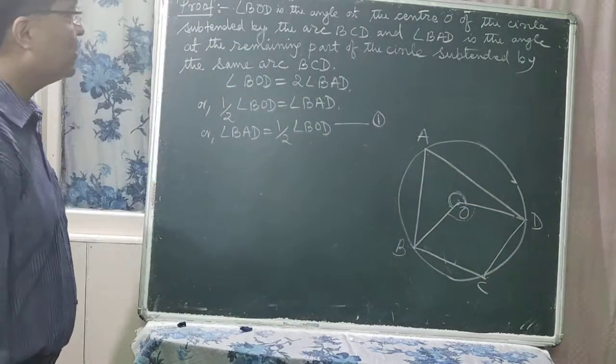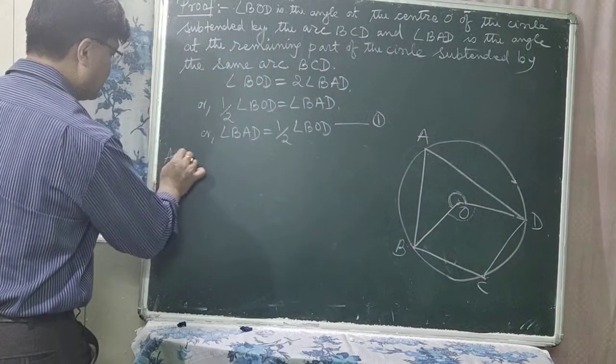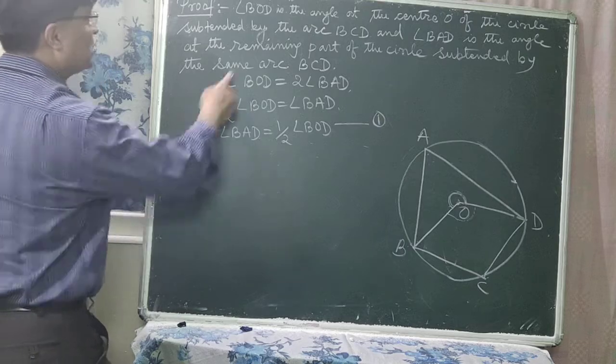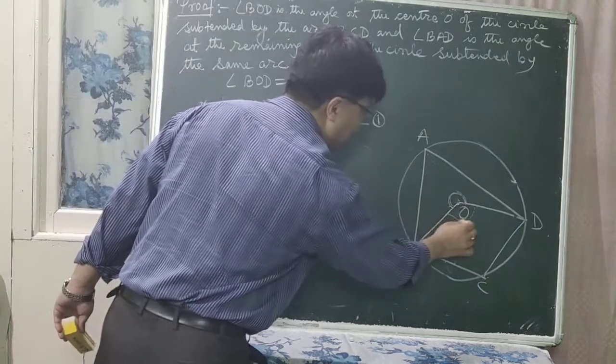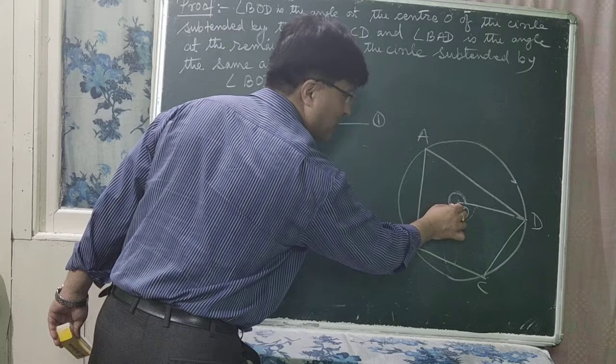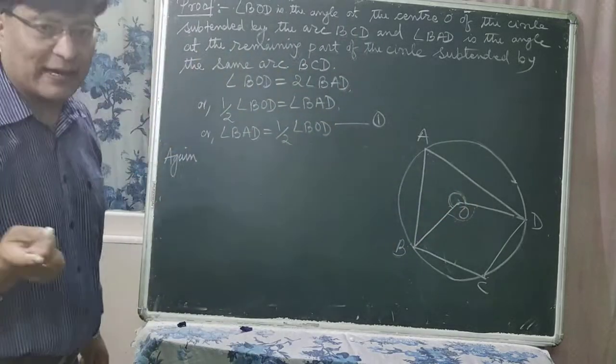So again we will write down here. Since this angle BOD is this angle, now this is the remaining part of the angle BOD, that is known as the reflex angle.